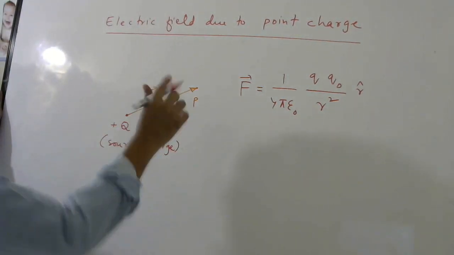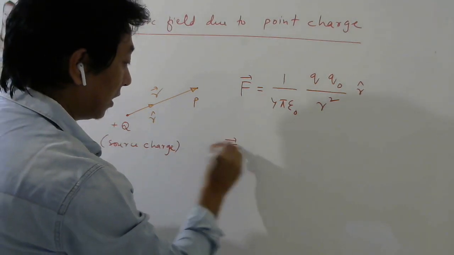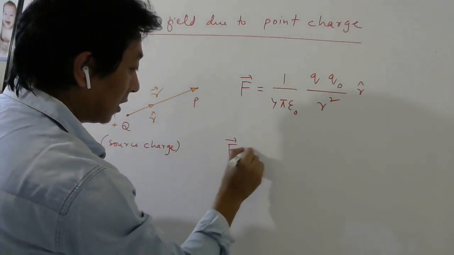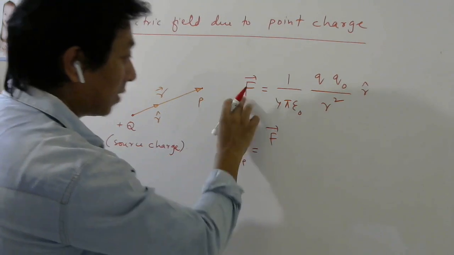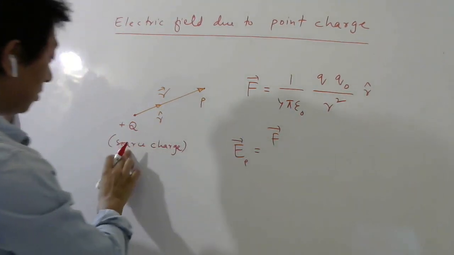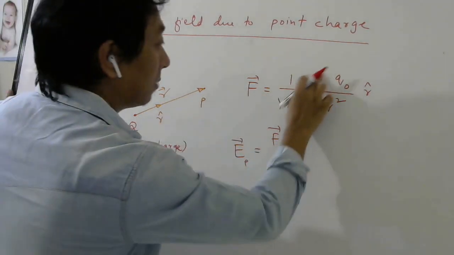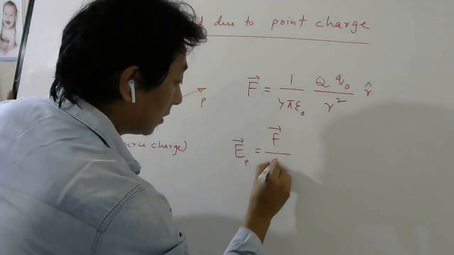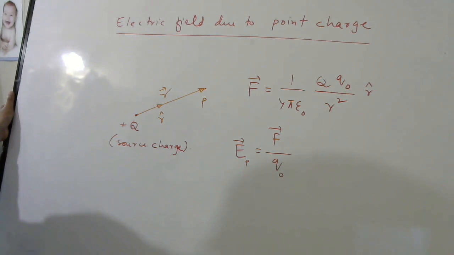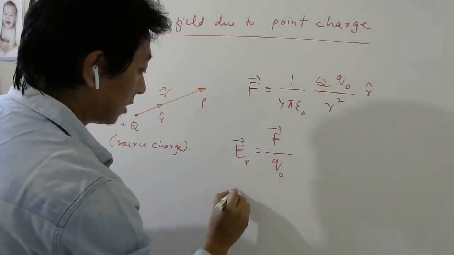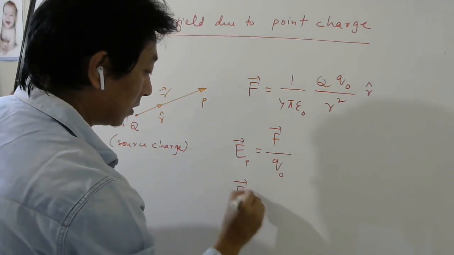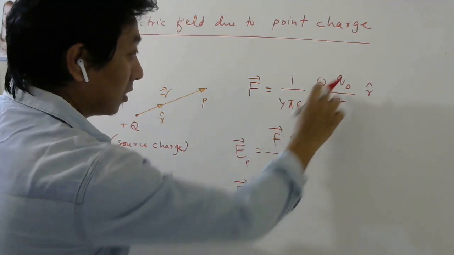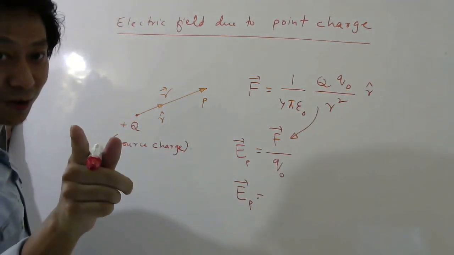Once I know the force, what is electric field at this point P? It is the force experienced by Q naught due to this Q, but this Q is capital Q, per test charge. So if you substitute this force here, Q naught will cancel as I told you before.